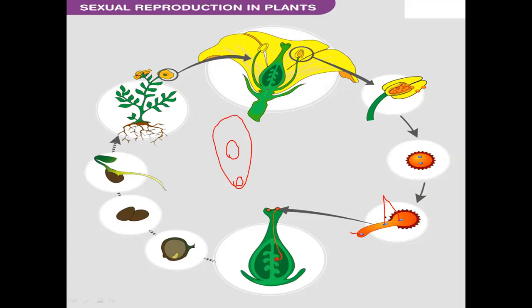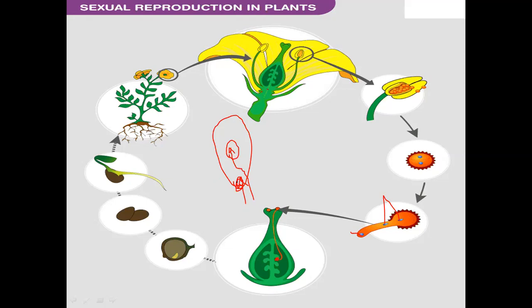So the first nucleus will fertilize, or combine with, this female cell, and the second nucleus will come inside and fuse with this one. This is called fertilization. So 1 and 2, this is called double fertilization. Actually, you will study this in higher classes, in grade 10, but right now you just must have the concept of fertilization.